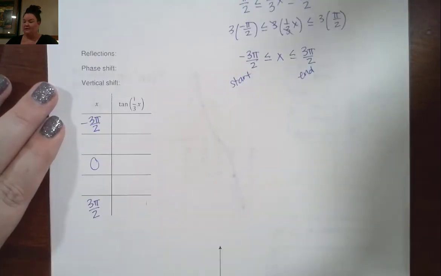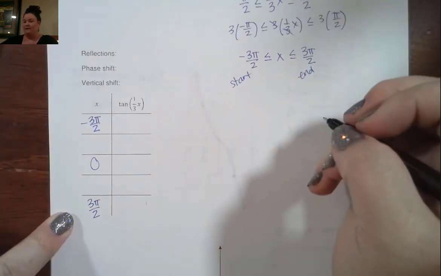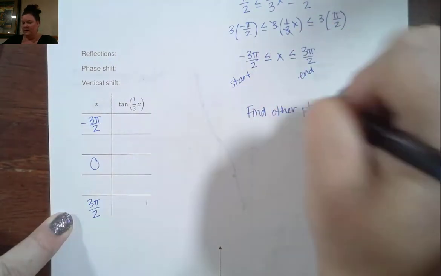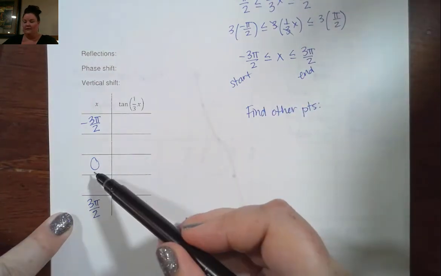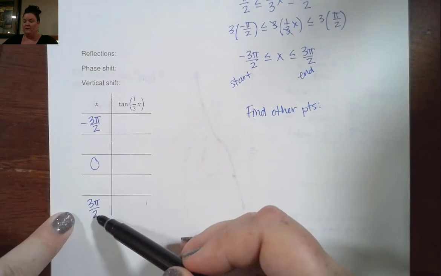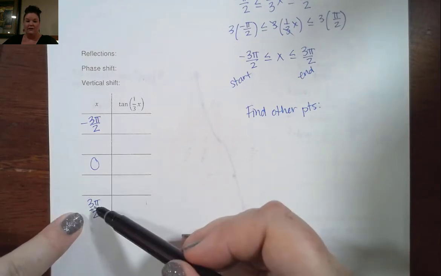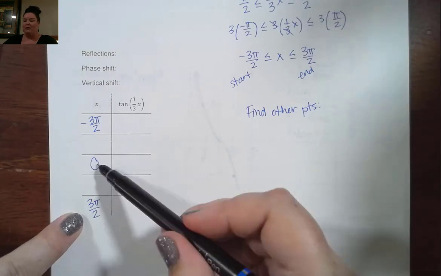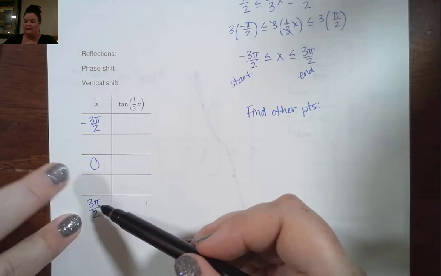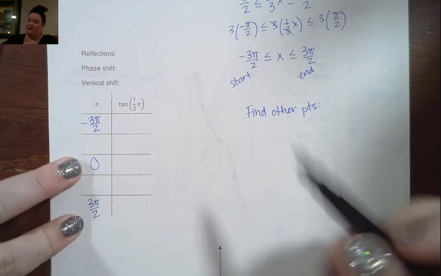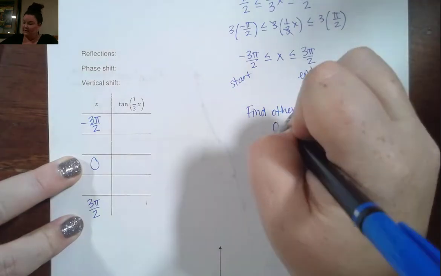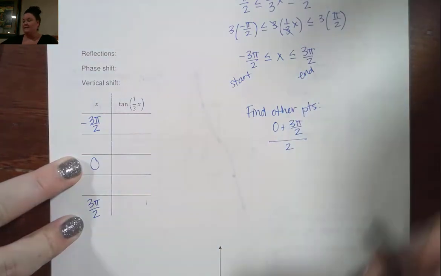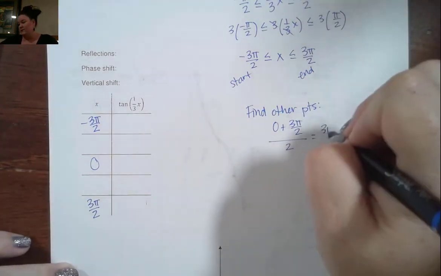So if I want to find other points, I want to know what's halfway between 0 and 3 pi over 2. Well, to find the halfway point, you can either divide this by 2 or you can average these, whichever. I'm going to model it as averaging just because that's how we've done it up to this point. So if I want to average 0 and 3 pi over 2, I would do 0 plus 3 pi over 2 and then divide that by 2, right? Again, 0 plus 3 pi over 2 is just 3 pi over 2.